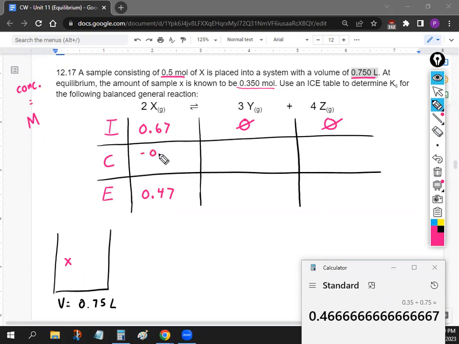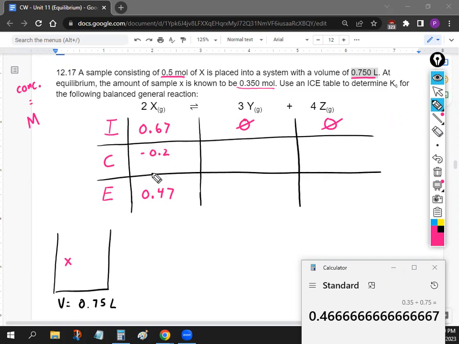Negative 0.2. Okay. I know you're about to say something. Oh, yeah. Yes, molarity. Okay, so far so good?